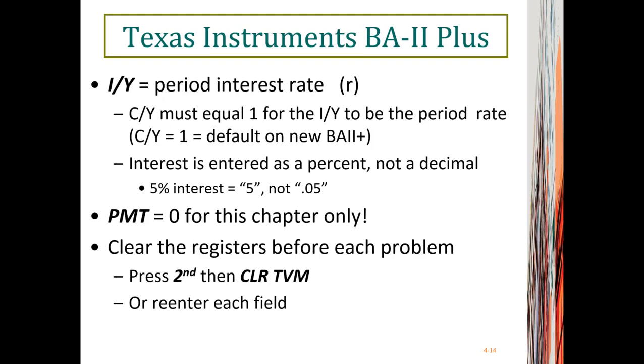And the fourth key here, PMT, means periodic payment between now and a future date. Since we are dealing with single cash flows in this chapter, PMT should be set as 0.